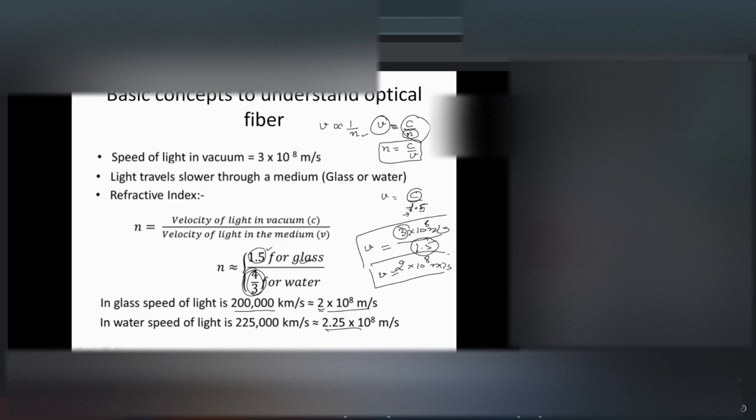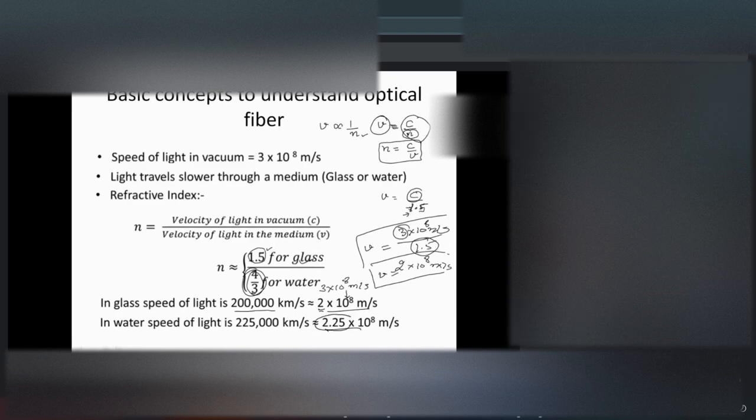Okay, so as I said, whenever there is a change in medium, you can see that the speed of light in vacuum is 3 into 10 raised to the power 8 meter per second. It goes to medium 1, or you can say this new medium, and its speed gets reduced and becomes 2 into 10 raised to the power 8 meter per second.